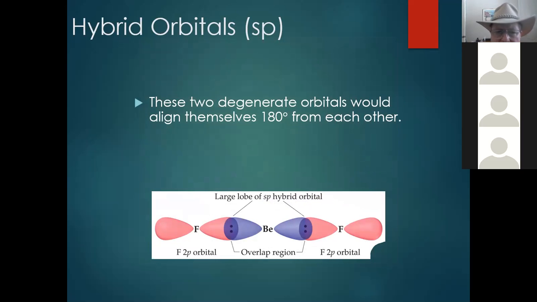So if I get these two hybrid orbitals, they're going to be 180 degrees apart from one another because that's as far as they can be apart. Then we are going to get an overlap with an F2p and another F2p with beryllium's hybrid orbitals of sp. And that is how BeF2 can exist.